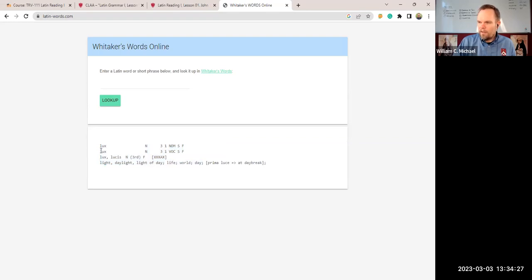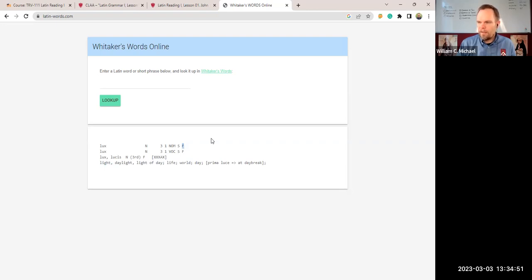We have the word here, and the last letter tells us the gender. So this tells us that the word lux is nominative, singular, and feminine. And down here, it tells us the meaning of the word. So a Latin dictionary will tell us that it's feminine, okay?